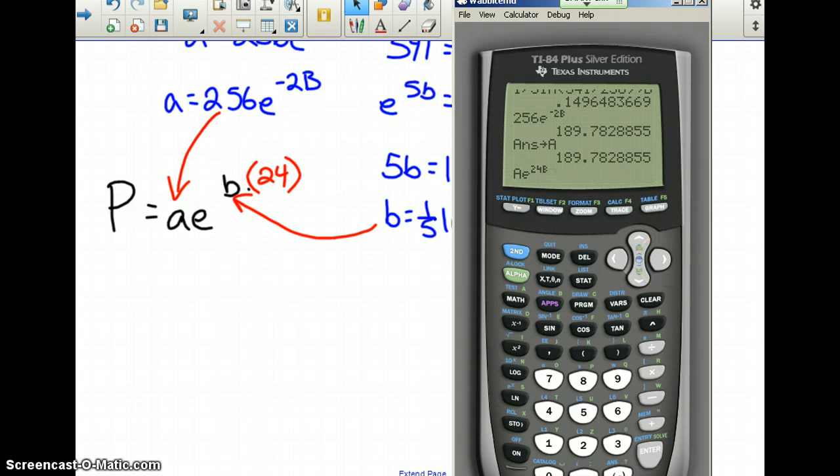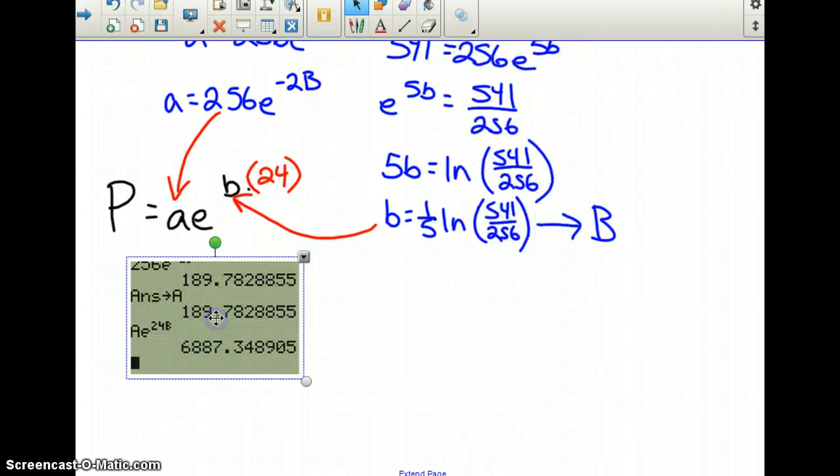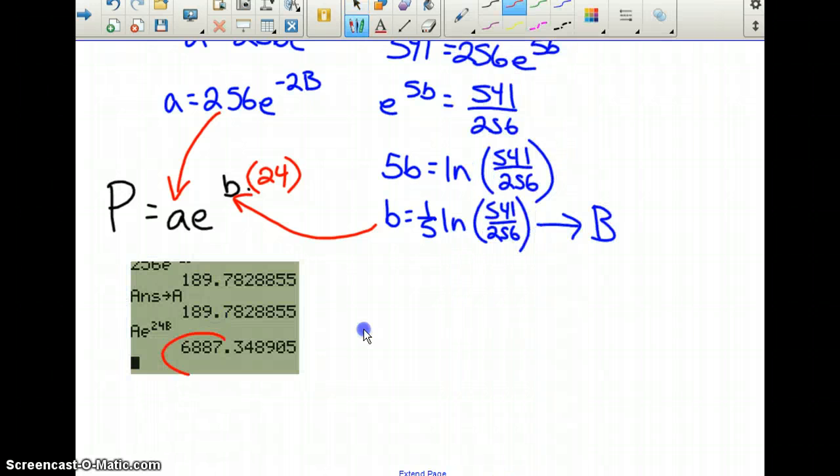All right, and so now we hit enter, and we get 6,887.3. Now, we cannot possibly have a fraction of a bacterium, so in reality we're going to say that we have 6,887 bacteria in the population. More to come in the next video.